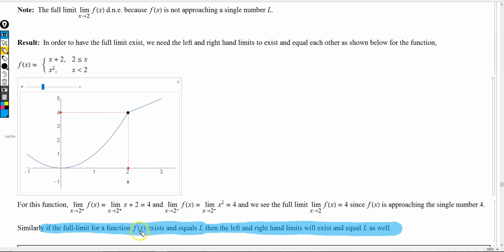All this is saying is that f of x is approaching the single number L as x approaches c from the left and from the right. So obviously, as x is approaching c from the left, f of x is approaching L, so the left hand limit is L. And as x is approaching c from the right, f of x is approaching L, so the right hand limit is L. So we summarize that with a theorem.